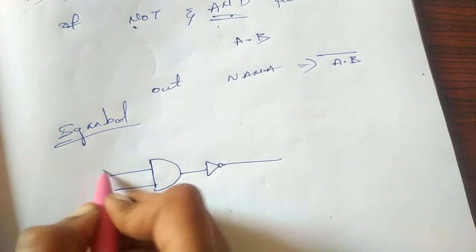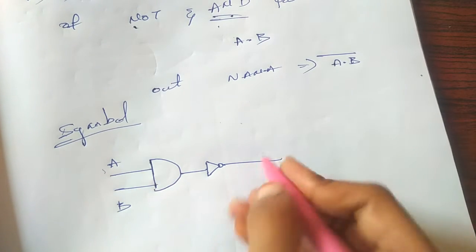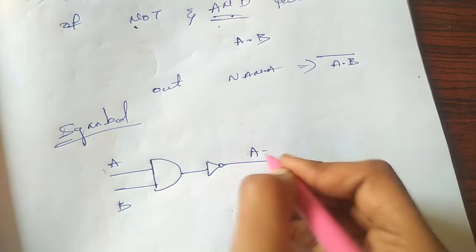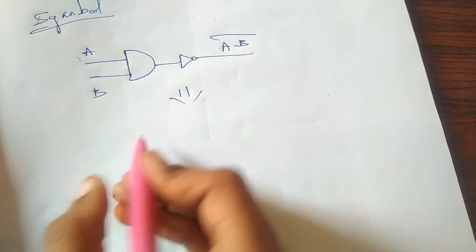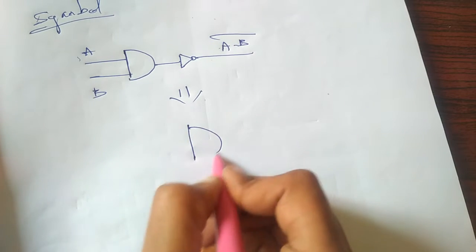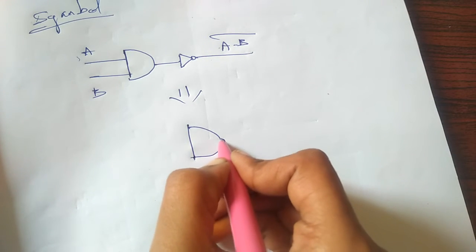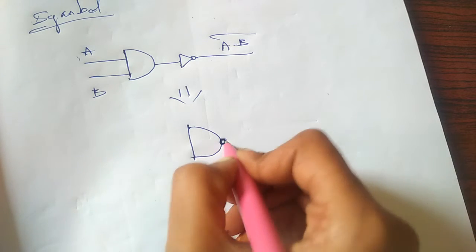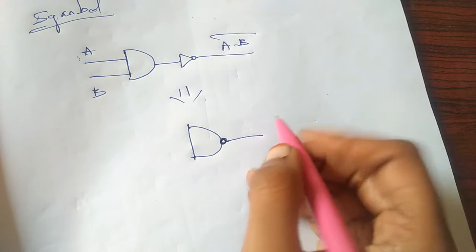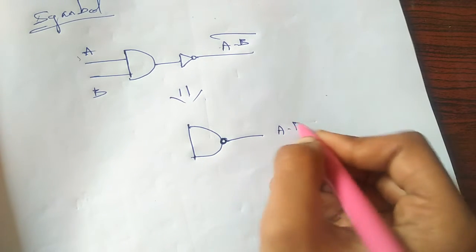So if you take two inputs, then you get (A dot B) full bar. It is also drawn with a bubble. If you indicate a bubble here, it implies the inverting operation. (A dot B) bar.